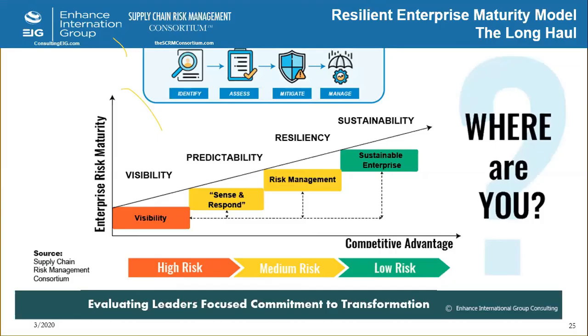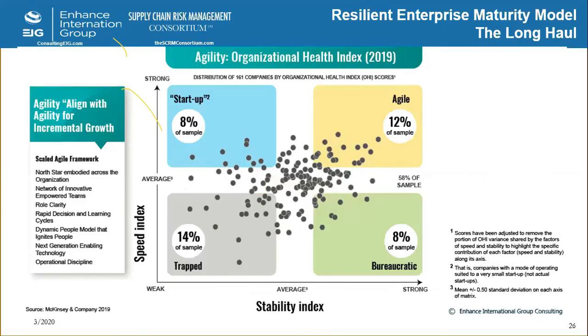And then the last slide is basically what we call a resilient enterprise maturity model, but from an agility point of view. This is an agile organizational health index. This was done in 2019, again, coming from McKinsey and Company.